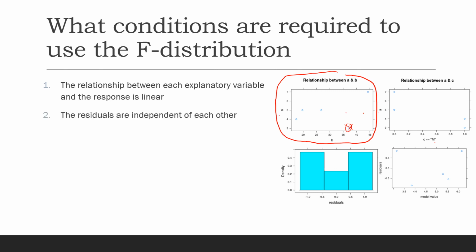Another thing that's important is to have the residuals be independent of each other. Generally, the way we check this condition is not by using a graph or something like that, but thinking about the way that the data is collected. If the data are collected from a random sample from the population, then theoretically the residuals should be independent of each other.